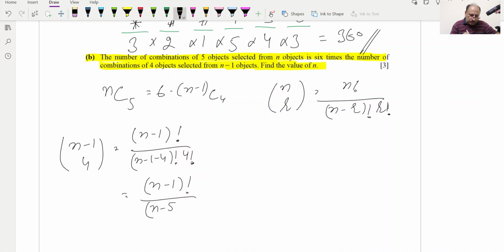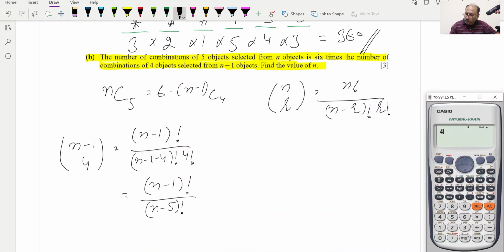So n minus 5 factorial over, so not over, 4 factorial. 4 factorial will be what? 4 factorial we can write as 24.